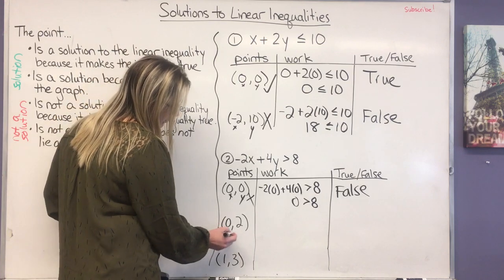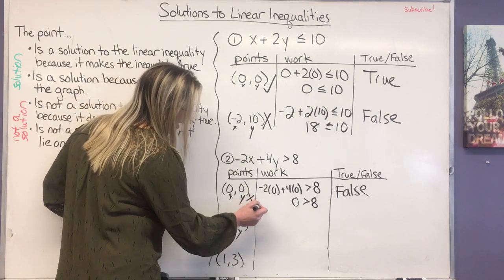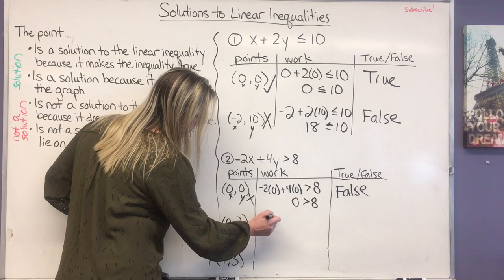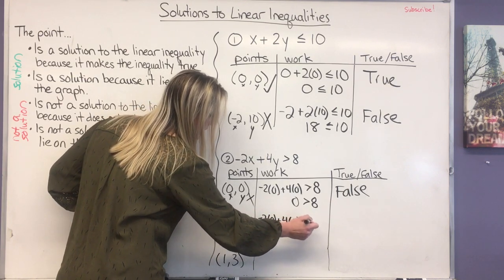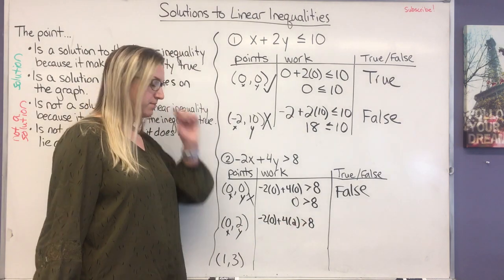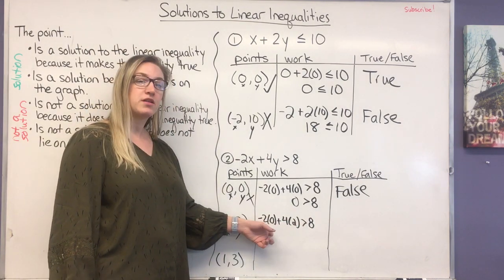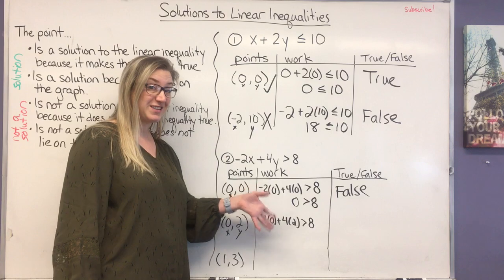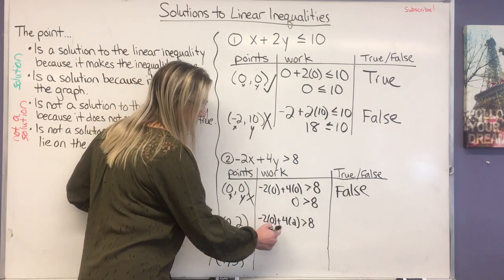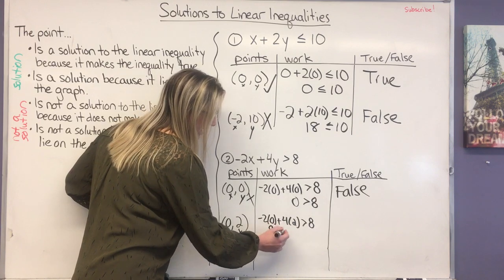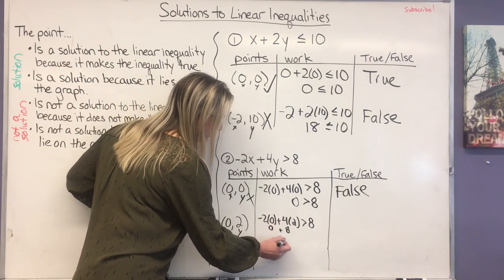Let's try this point (0, 2). So I'm going to have negative 2 times 0 plus 4 times 2 and see if that's greater than 8. Once again, you can plug the left side into the calculator if you need it to help you with the math. That's totally fine. But negative 2 times 0 is 0. 4 times 2 is 8. 0 plus 8 is still 8.